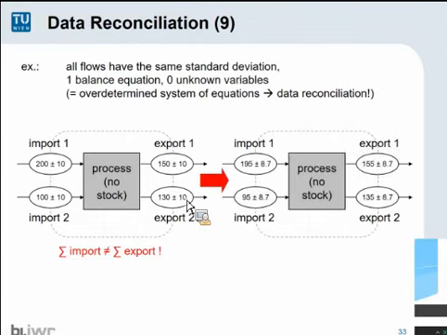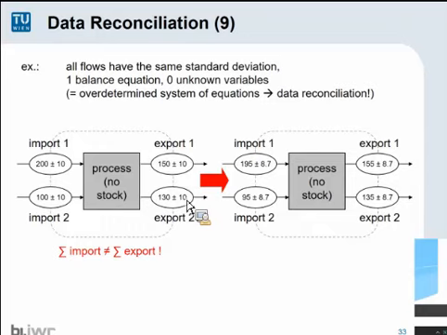So if you enter this data into STAN and perform the calculation, you will get these results. So when you sum up now the reconciled values of the import flows and the export flows, you will get exactly the same number. It's 290. And again, you see that the uncertainties of the originally given flows have been reduced.